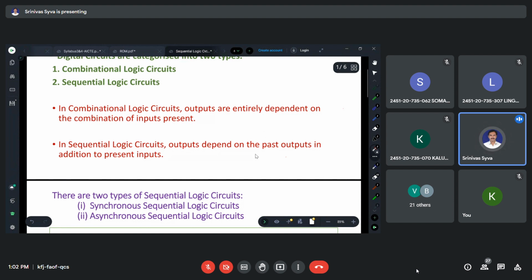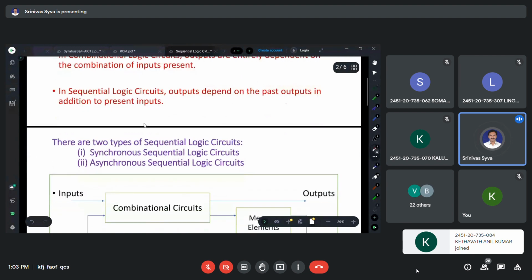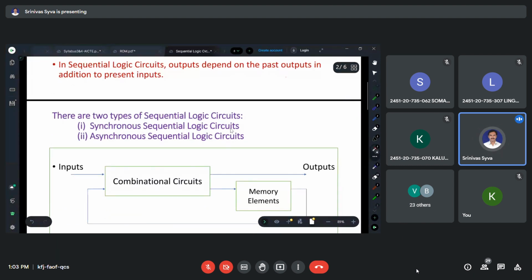So how is this memory implemented? Sequential logic circuits are again of two types: synchronous and asynchronous. In synchronous sequential logic circuits, any changes in the circuit are synchronized with the application of the clock pulse.